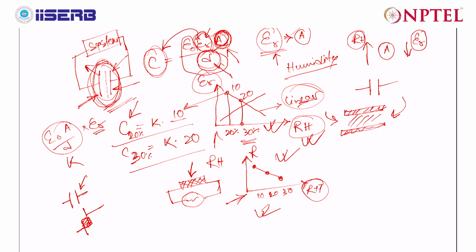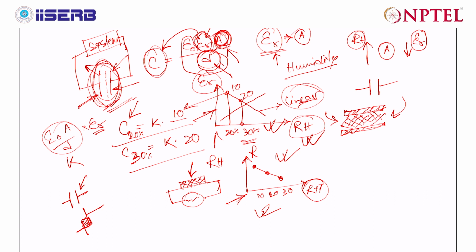Only then can the relative humidity react with this dielectric material and create a change in the capacitance. But if the dielectric material is not coming in contact, or if the contact area is very small, you probably won't be able to make that sensor. So you have to be very careful about this, and then you can decide how to design the sensor.